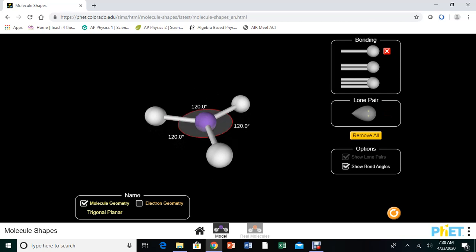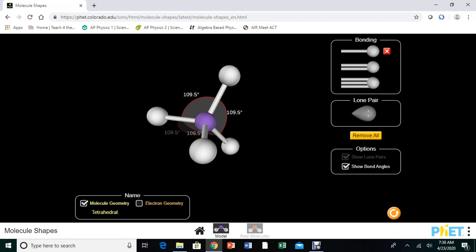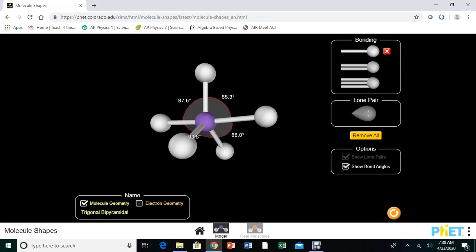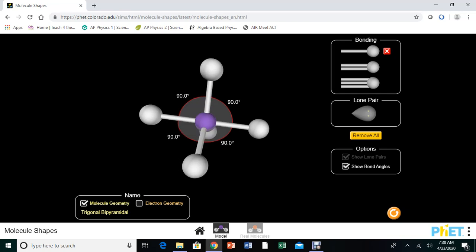If we take away a lone pair and add another bond, we get the bond angles to change to 109.5, and this molecular geometry is called tetrahedral. If we add another bond, we are going to get the bond angles to change to 90 and the molecular geometry changes to trigonal bipyramidal.